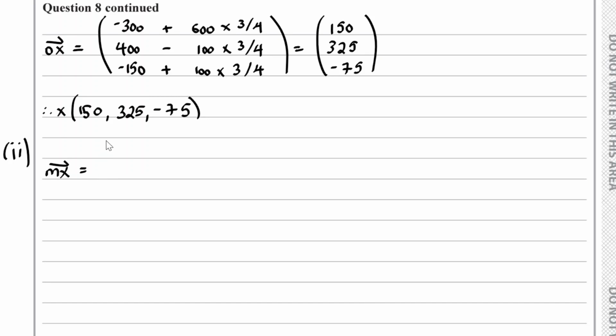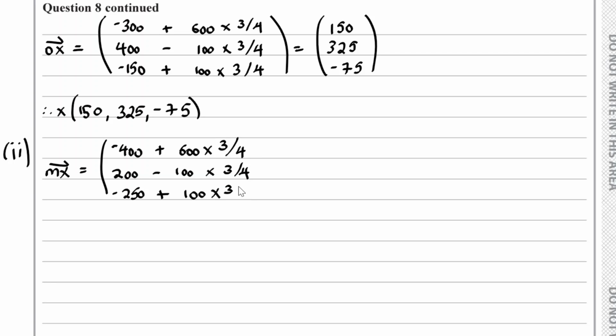So MX, you'd find that to equal minus 400 plus 600 times 3/4, 200 minus 100 times 3/4, and minus 250 plus 100 times 3/4.